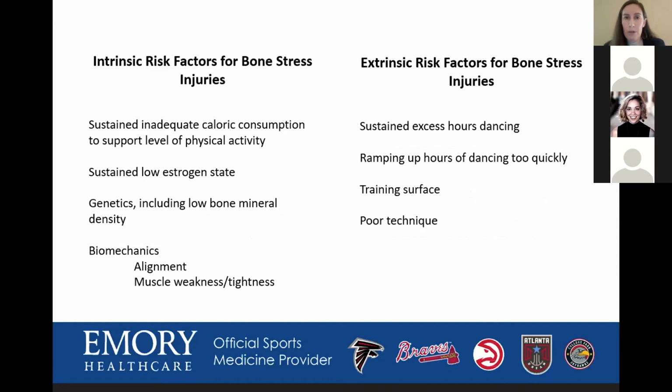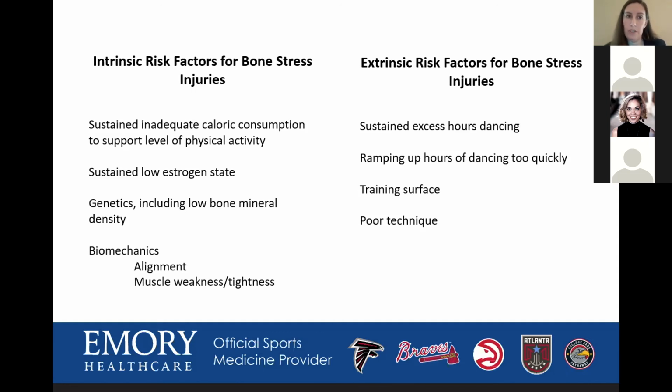When we are treating bone stress injuries, we recognize that these are complicated injuries, and to treat them well and try to prevent them from recurring, we have to recognize the different factors that contribute. There are intrinsic risk factors that can predispose a dancer to a bone stress injury, and there are extrinsic risk factors.